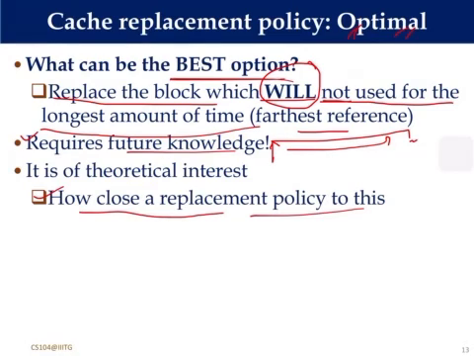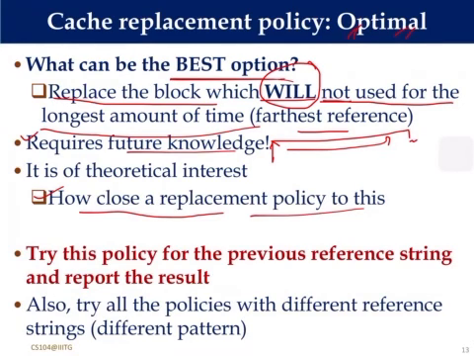Now for these, there are various ways, as I was mentioning, like application profiling, or to see the behavior of the application. If you can somehow get the behavior of the application, we may come up with some good replacement policies, right?